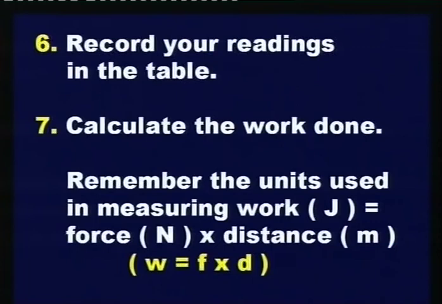If you remember our previous lesson, to find work done, we use the formula work equals force times distance. I'd like you to find the work done on the load and the work done by the effort.